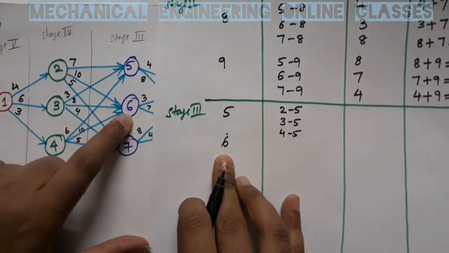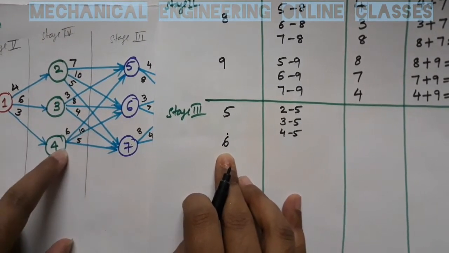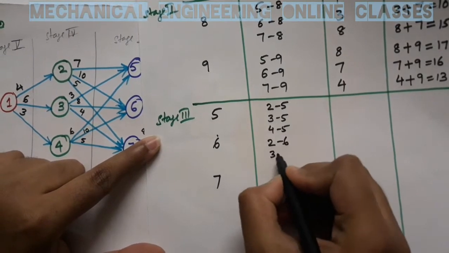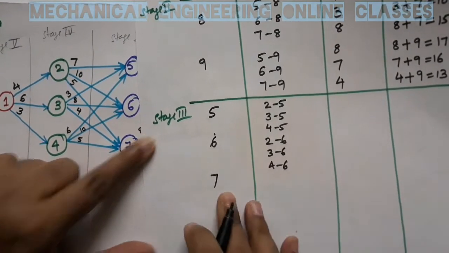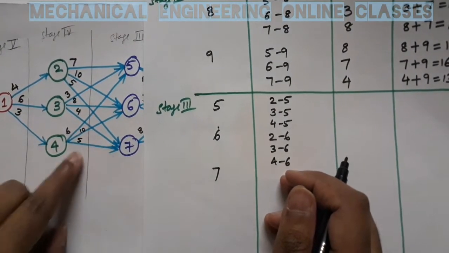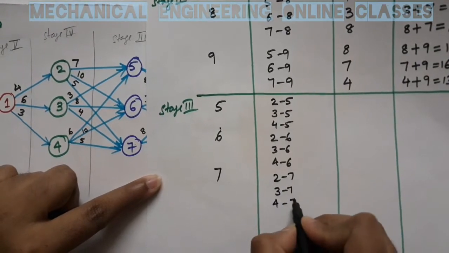Similarly, I can go to 6 also via 2, 3 and 4. So 2 to 6, 3 to 6, 4 to 6. Similarly 7 also: 2 to 7, 3 to 7, 4 to 7.